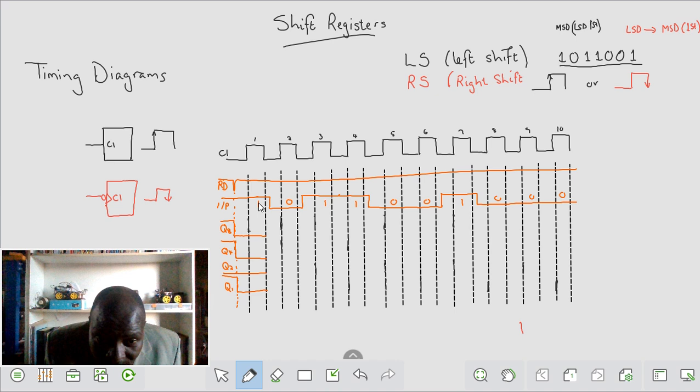Now the flip-flop is seeing a 1 on the input, so Q8 goes to 1. It's seeing a 0, so the second pass is going to see a 0. It's going to see a 1, so it's going to go to a 1. It's going to see a 1, it's going to stay a 1. It's going to see a 0, it's going to go to 0. It's going to see a 0, it's going to stay a 0. It's seeing a 1, it's going to go to a 1.